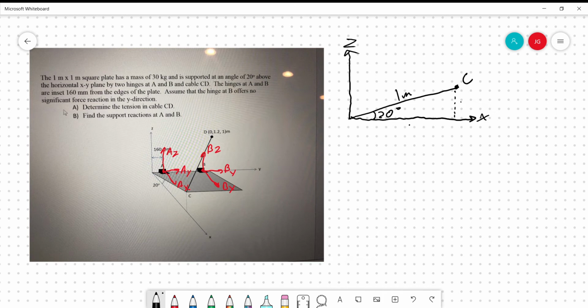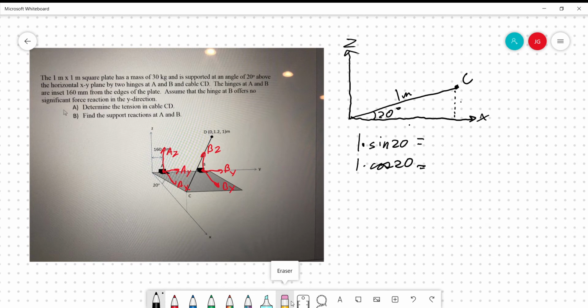First things first, we're going to find point C, right? Which is basically just going to be 1 times sine of 20 and 1 times cosine of 20.